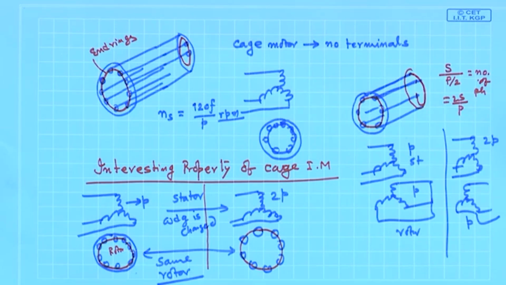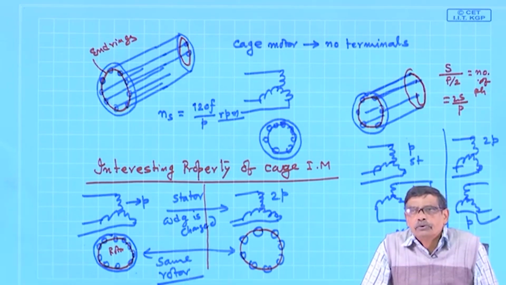And if I want to run at 1500 rpm, I will de-energize the windings corresponding to 2 pole and energize the 3 phase winding on the stator, which is wound for 4 pole. Supply frequency is fixed, so the synchronous speed will be 1500 rpm, and I would expect the machine will run close to 1500 rpm.